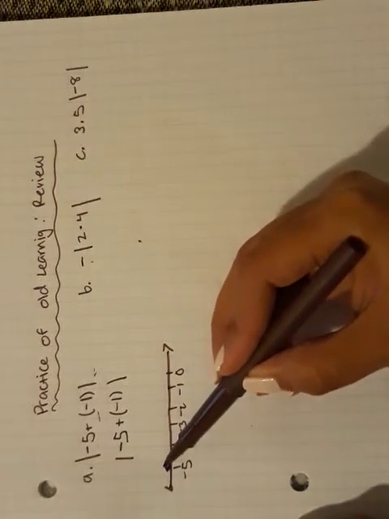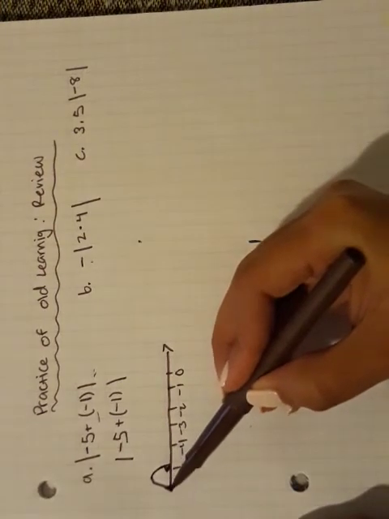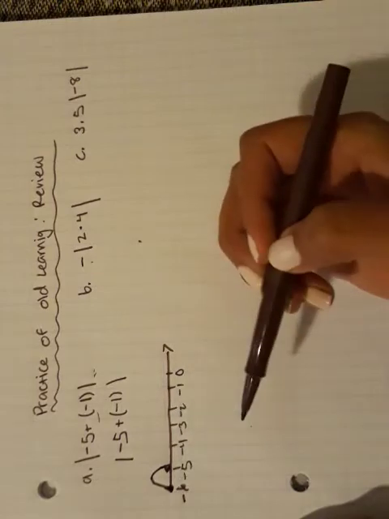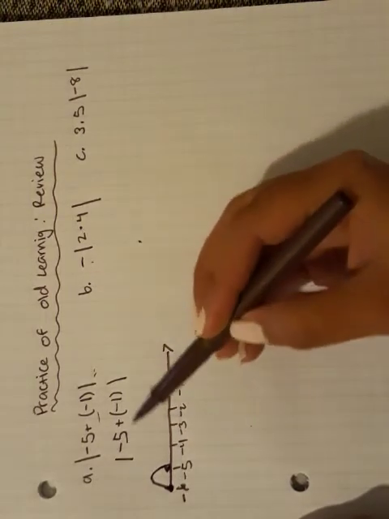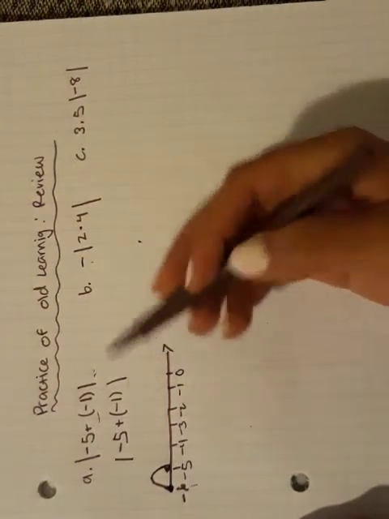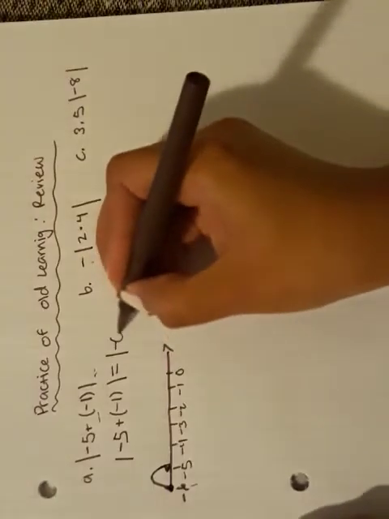That means you're going this way. You're adding one negative number. Right? Am I doing that right? -6. So -5 plus one negative number equals -6. So this would be the absolute value of -6.